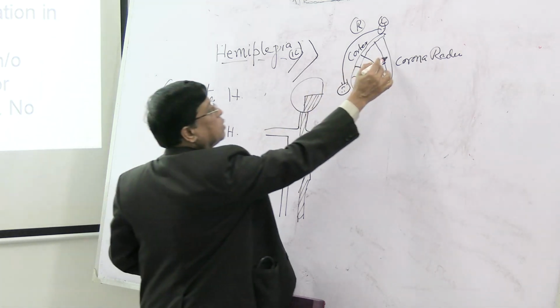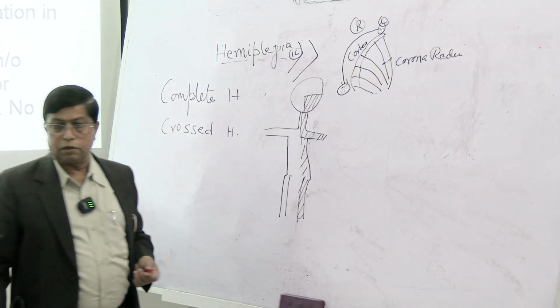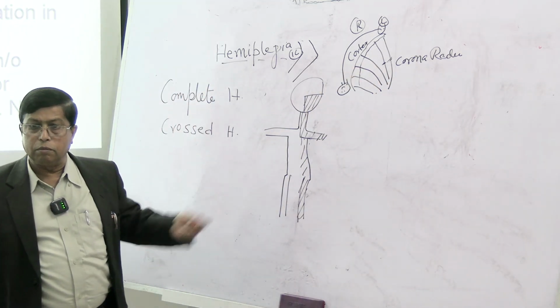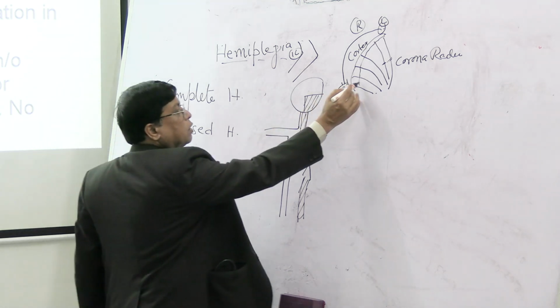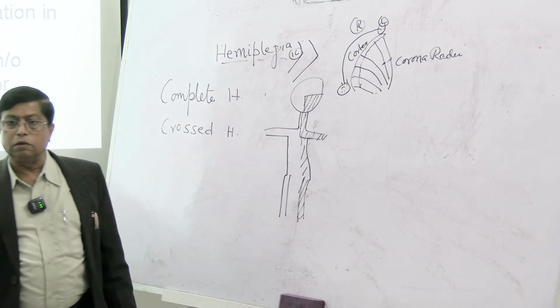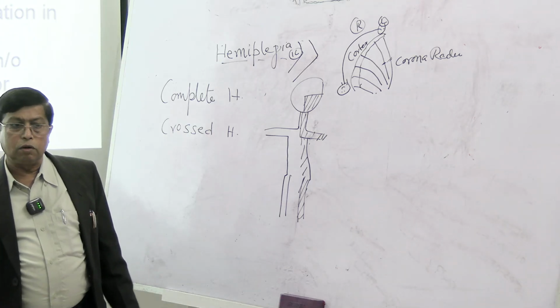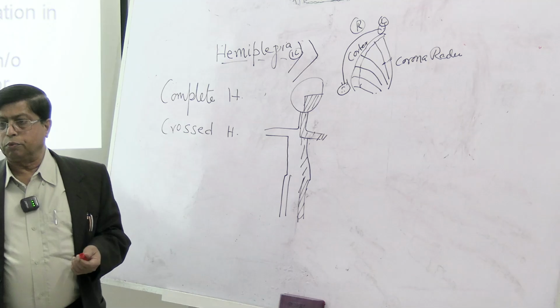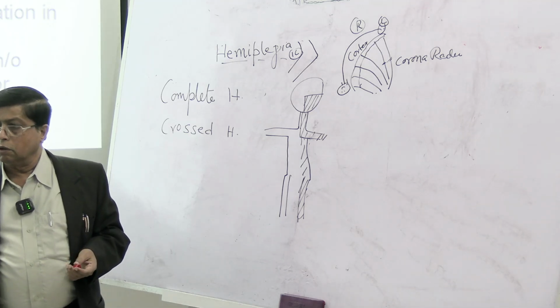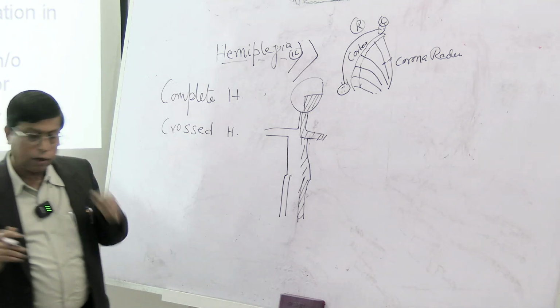So if the lesion is here, it is possible to affect only the leg fibers; the head and upper limb fibers will be spared. If it goes here, the upper limb is likely to be affected, but the lower limb will be spared. So in the corona radiata, only monoparesis is possible, not complete hemiplegia.